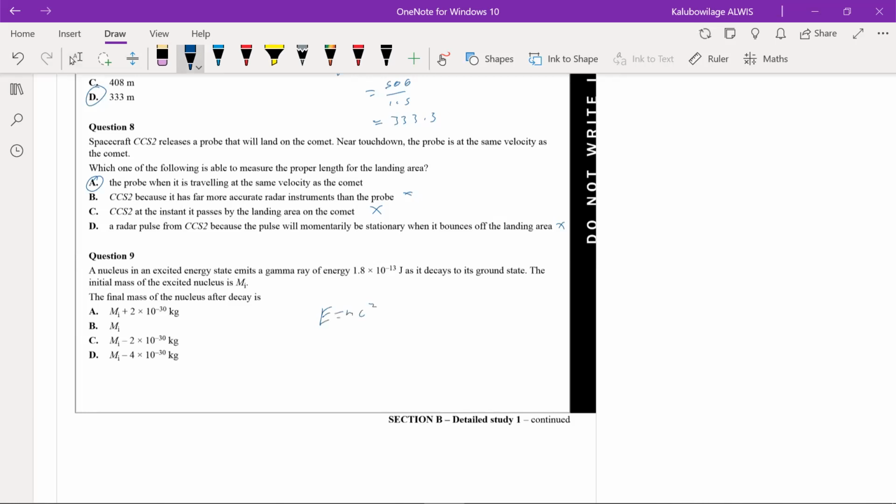E equals mc squared, and then the mass comes to 2 times 10 to the minus 30 kg. It's emitting this, so it's losing this much mass. So it'll be the initial mass minus that.